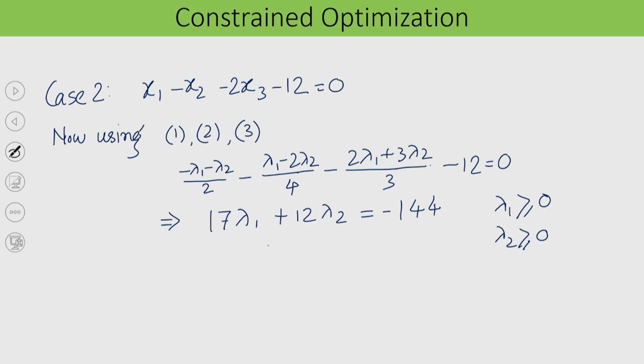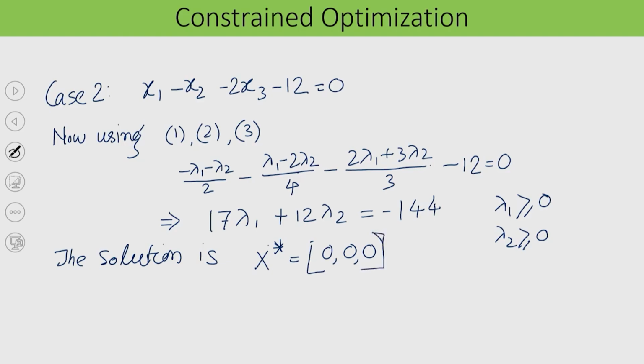So, it is not satisfying the Kuntakar condition. So, then what is the possible solution? Then the solution is x star is 0 0 0. Okay.